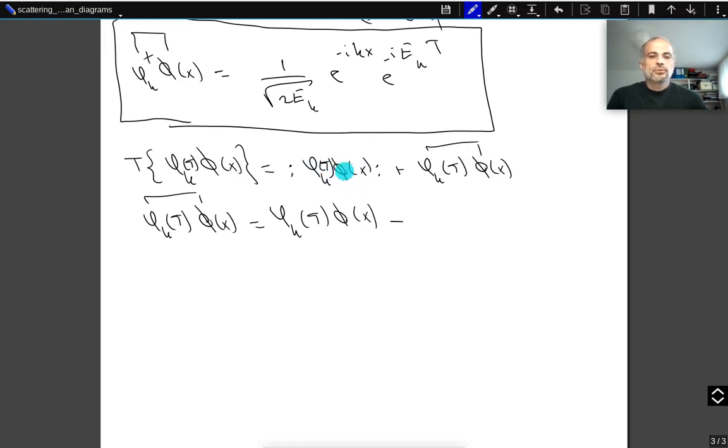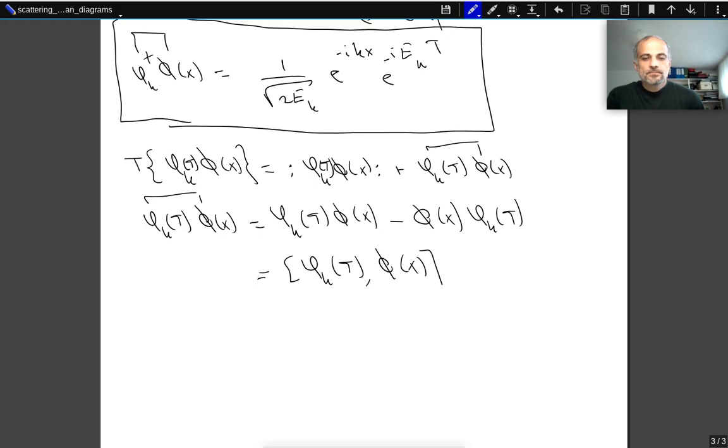And remember, the normal ordered product just puts all the annihilation operators to the right. So this normal ordered product is actually phi of x, phi k of T. So this contraction is actually the commutator of phi k of T and phi of x.